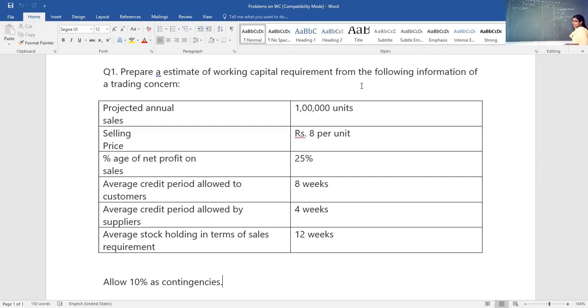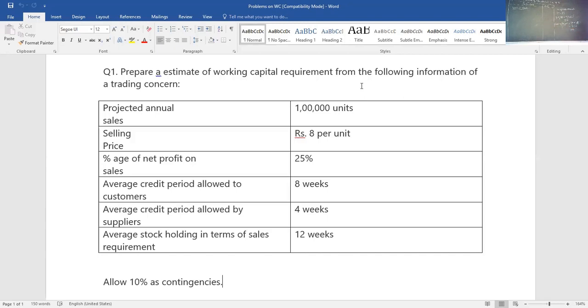So 8 into 25 gives you how much? 2 rupees. Okay. So what is the cost that is involved? Cost of the product will be selling price minus profit. How much is the selling price? 8 rupees. Profit is 2. Therefore, the cost of producing the product is rupees 6.